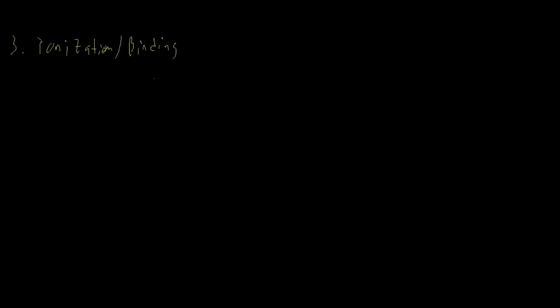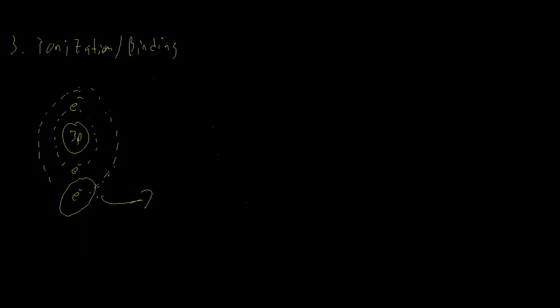If you have an atom, we'll do lithium again. So 2 electrons in the first energy level, 1 electron on the one that's most outside. The energy it takes to grab this electron and remove it from the valence shell is my first ionization energy.